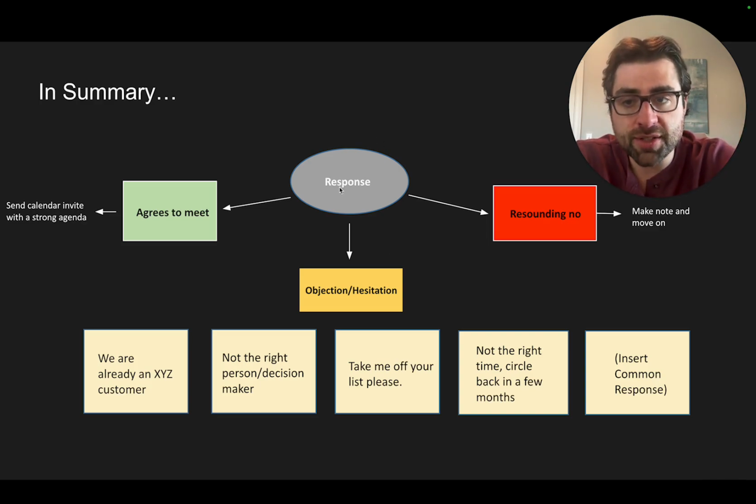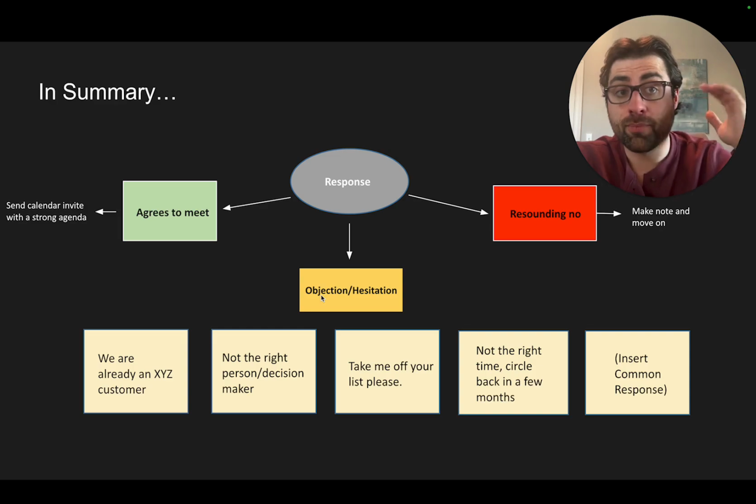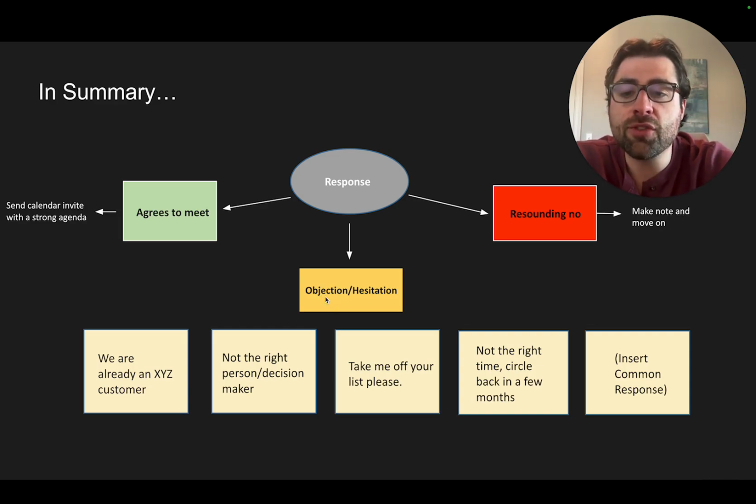So the more responses we get, the more chances we have that people agree to meetings, or we get more of these. And the goal is to elicit why that framework is so valuable in the assumptive, to the point follow-up saying, go read my first email, is because a lot of times in that example earlier, we already are an XYZ customer. If you weren't assumptive, they just wouldn't have told you that and they just wouldn't have responded, and you therefore wouldn't have had a chance to overcome it.